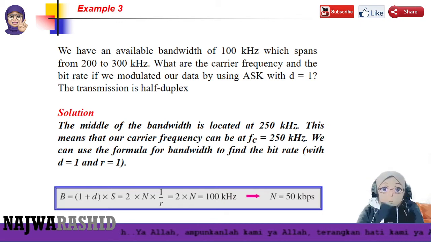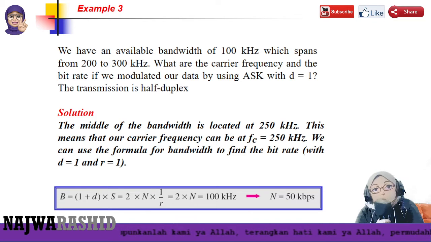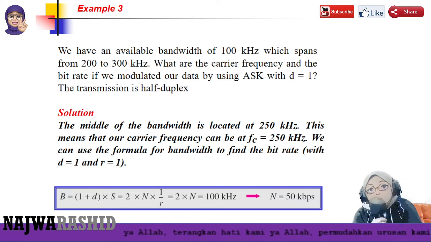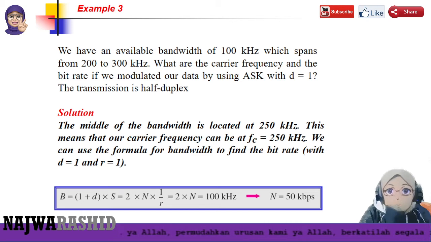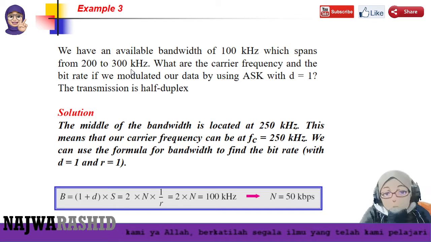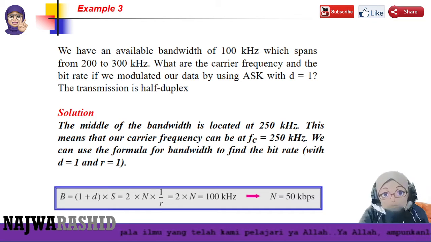So the data flow is half duplex. The middle of the bandwidth is located at 250 kilohertz, because the bandwidth spans between 200 and 300 kilohertz.